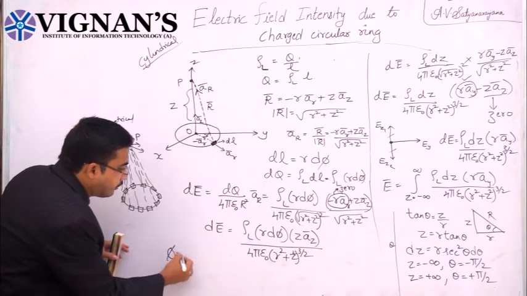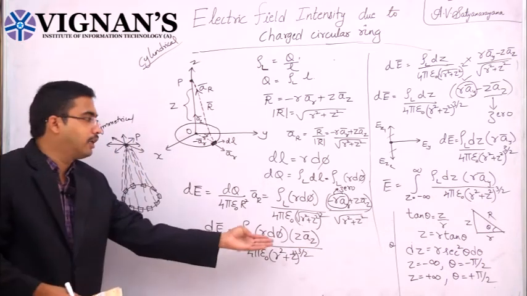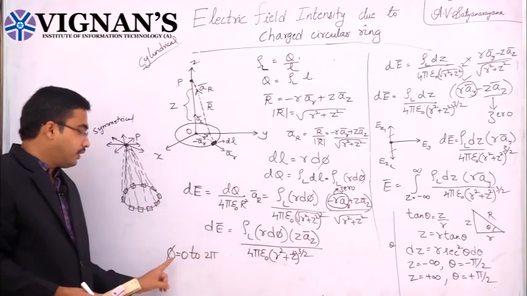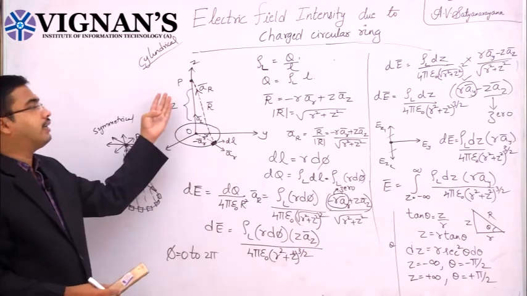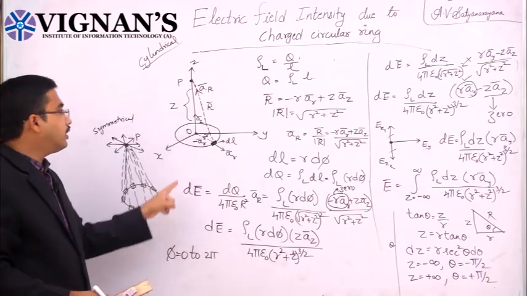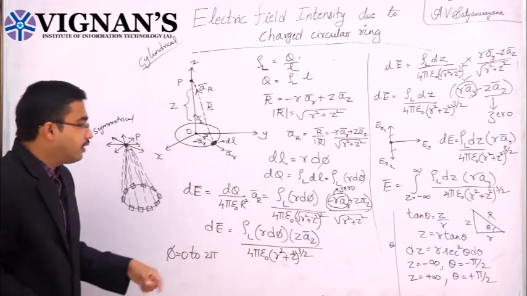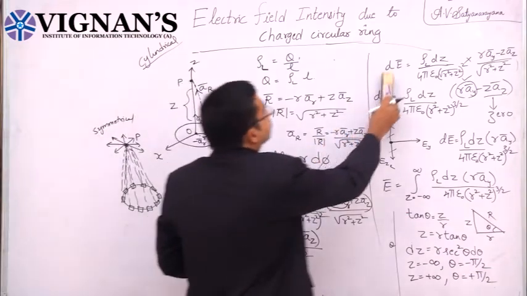Phi can be taken from 0 to 2 pi. There is no other variable component here. So simply integrate this expression from phi equal to 0 to 2 pi so that you will get the complete electric field intensity due to the charged circular ring at this point P. Now on integrating, let us see how it will be solved.